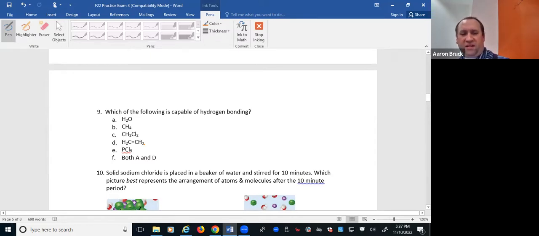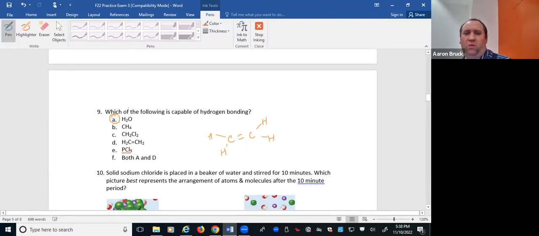D would be an example of an organic molecule. This would indicate a double bond between the carbons. So you're talking about a molecule that looks like this. Yeah, so you're correct.